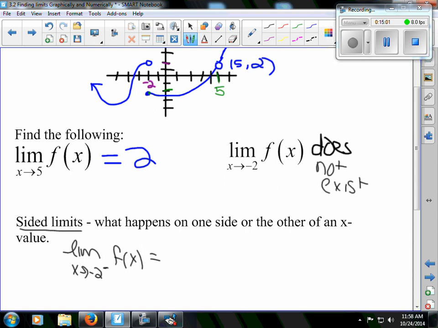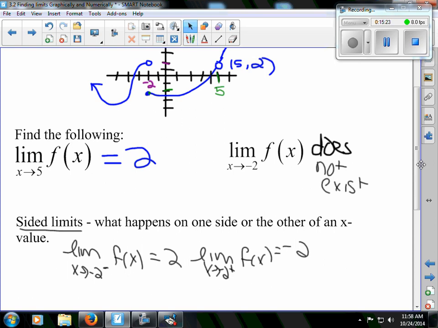The answer there was 2. And the limit as x approaches negative 2 from its right side, I'm using a superscript plus sign. The answer was negative 2. And since these two values are not the same, my y values do not approach any one value. We're going to talk about that more again later.